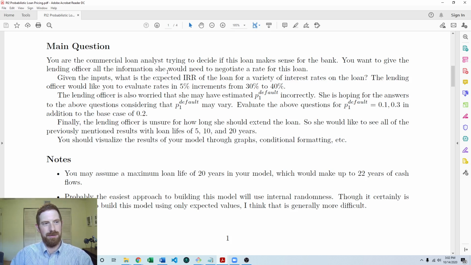And so you're trying to give the loan officer all the information to make these decisions. So you want to be able to say with your model, for any given inputs, what's the expected IRR of the loan? And what does that IRR look like for some different interest rates? So here we're going to be looking at 30%, 35%, and 40% interest rates for the loan.